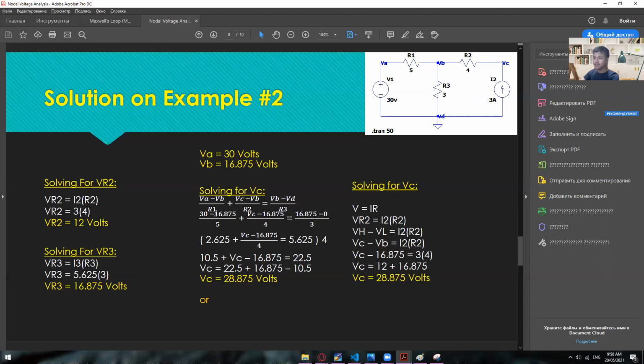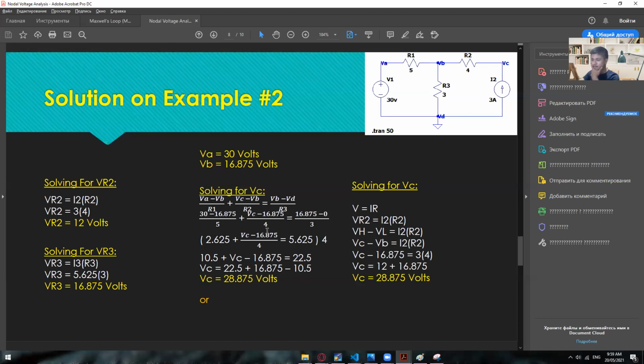Then just substitute everything and leave the VC right here, since we don't have the value of VC. And from here we will get this one as a result, just by substituting all of the given values. And then after that, again our goal here is to eliminate the denominator.